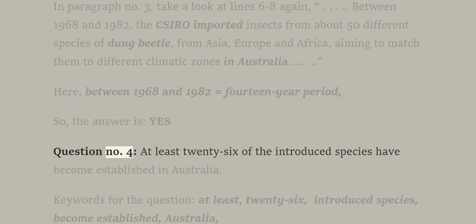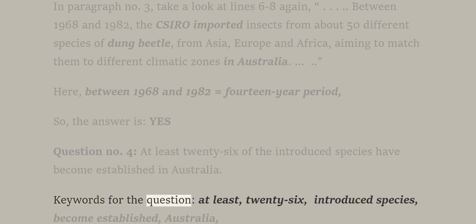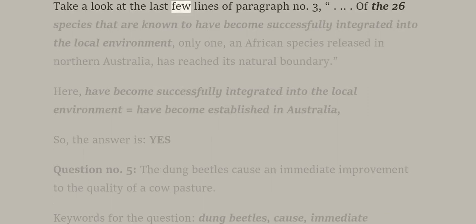Question number 4. At least 26 of the introduced species have become established in Australia. Keywords for the question, at least 26 introduced species become established, Australia. Take a look at the last few lines of paragraph number 3.